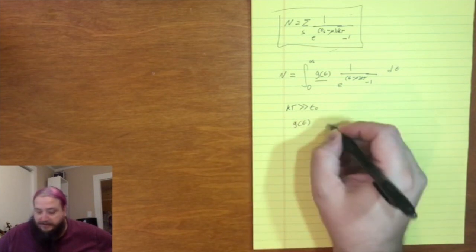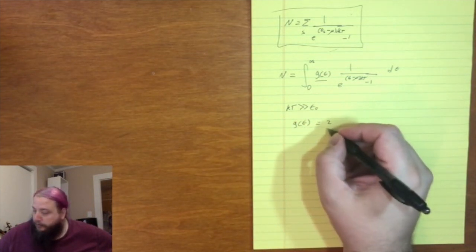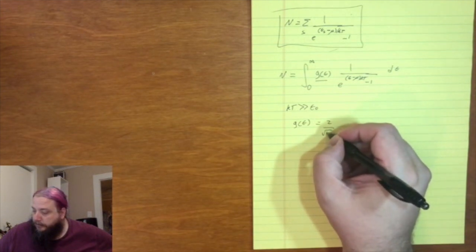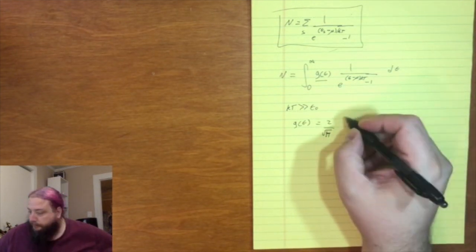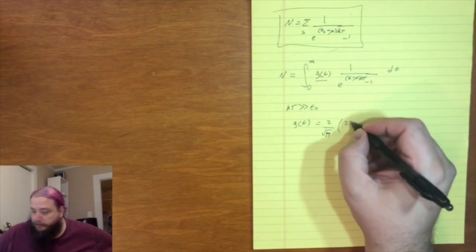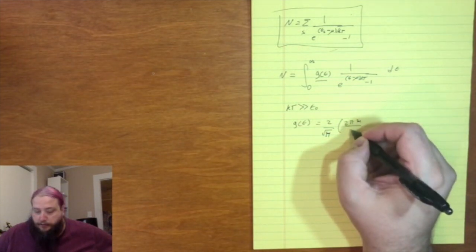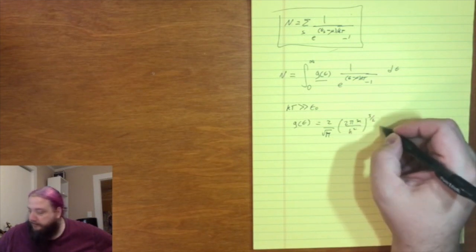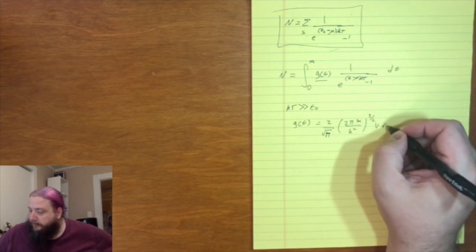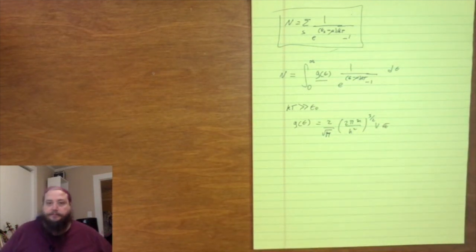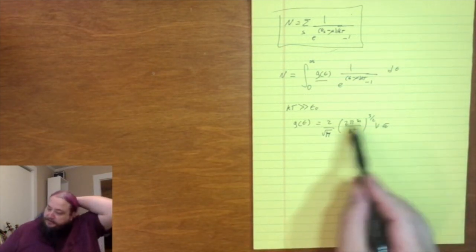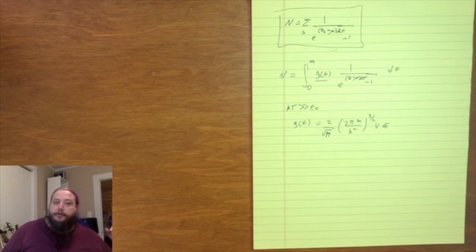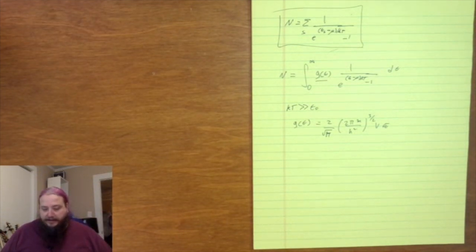In this case, it's just 2 over square root of pi times 2 pi m over h squared to the 3/2 times the volume times the square root of energy. So again, this is almost the same form for the density of states that we saw in the electron gas calculation.